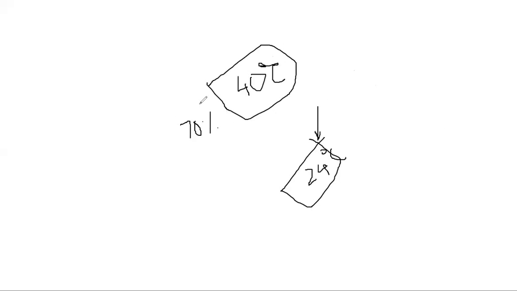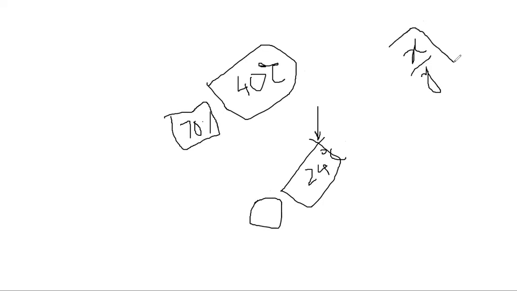What will happen to this relative humidity? Suppose X is the water vapor it is having, that is the absolute humidity, and Y is the capacity of the air, which varies depending on the temperature. Now at 40 degrees centigrade, this ratio is 70%.